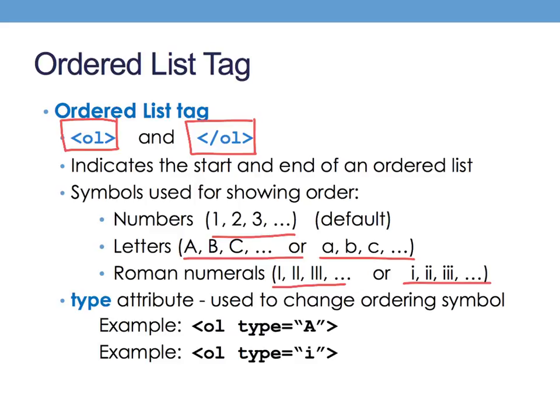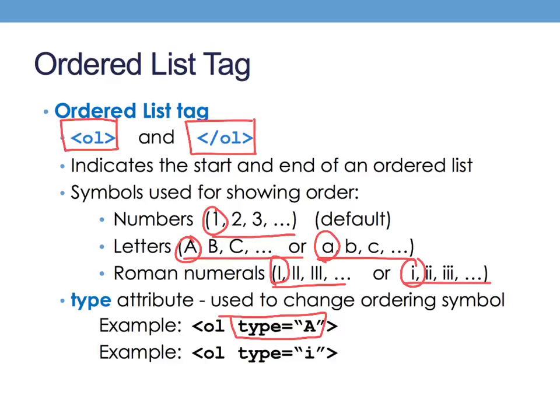And we decide on that attribute, that type of symbol used for order, very, very similarly to how we chose the bullet type for the unordered list. So you'll notice here I have the same thing going on. I just say type equals, and in quotations, I put the first symbol of the list type I'd like to use.